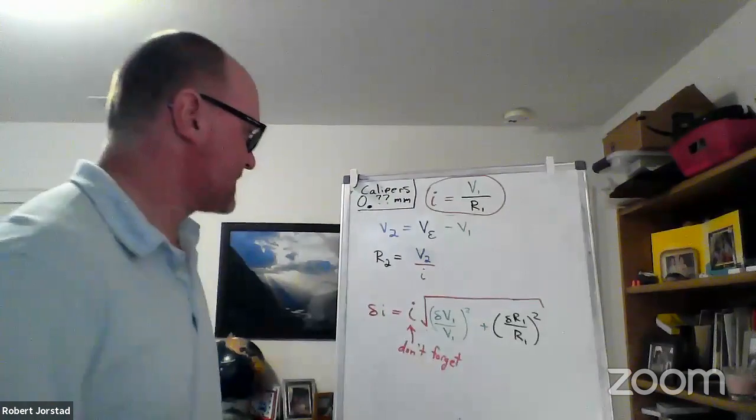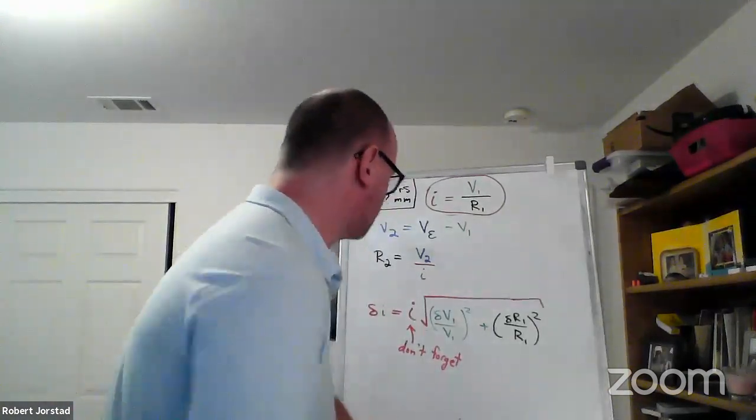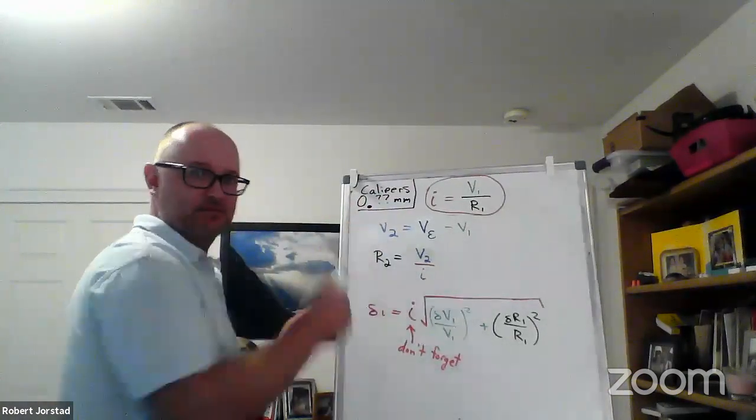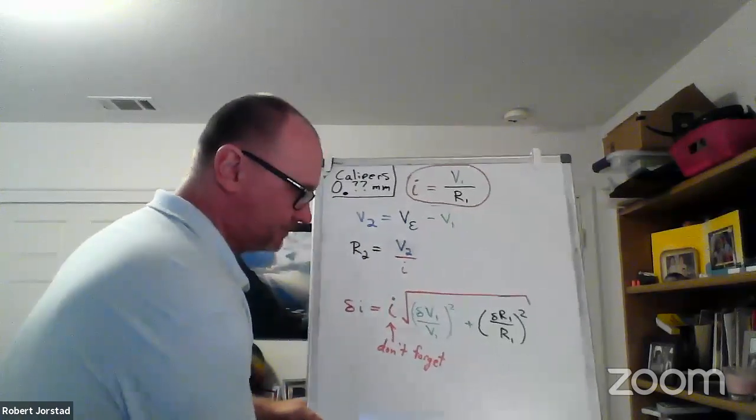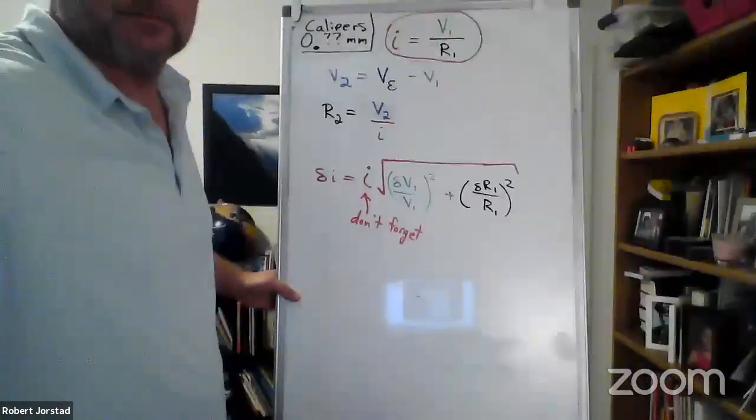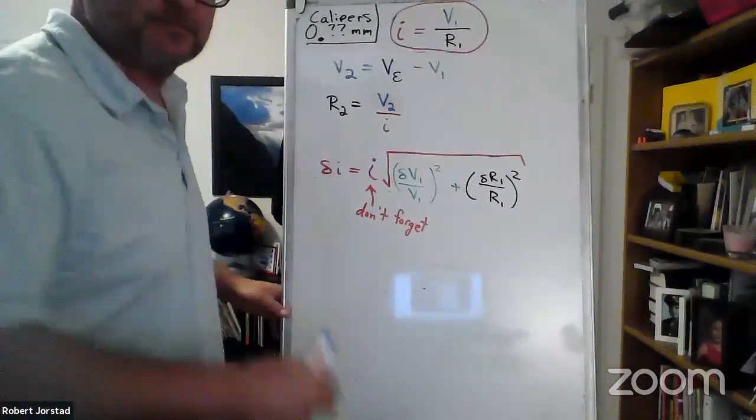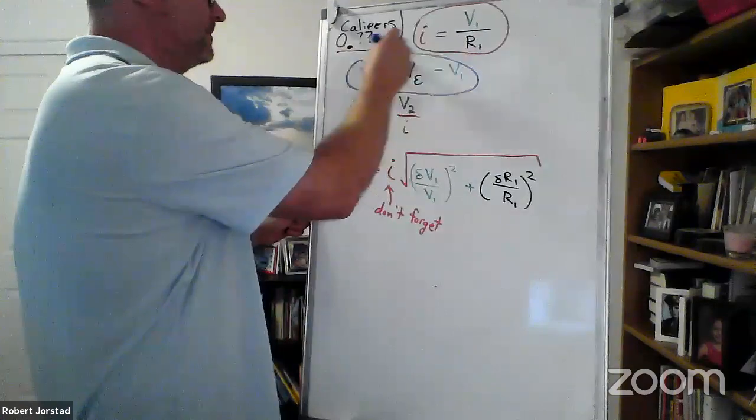Let's go to the board. Okay, so in this case, V2 was obtained this way. So I know the equation for V2. Now we're looking at this one, right?